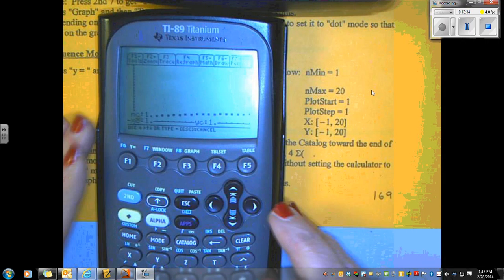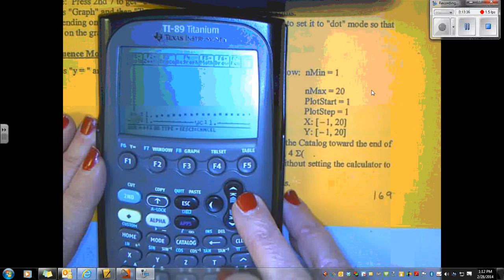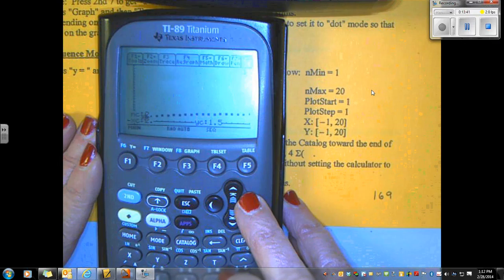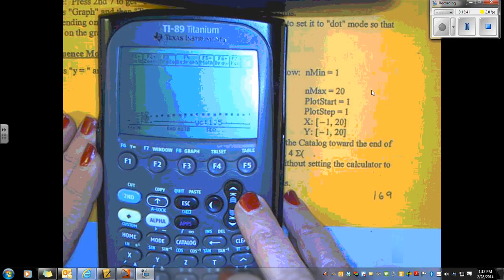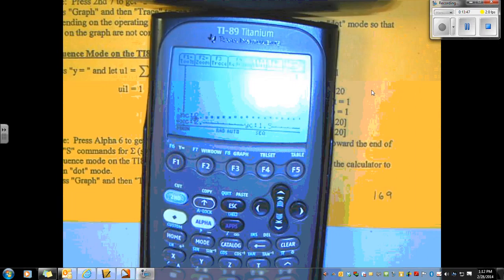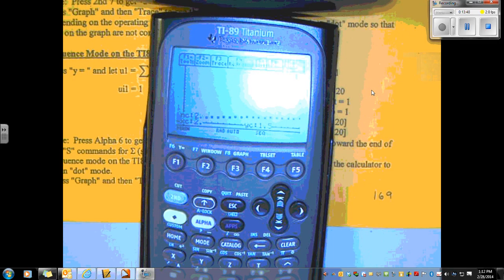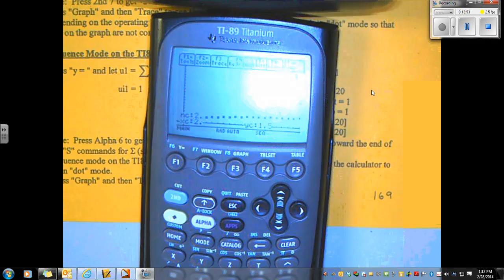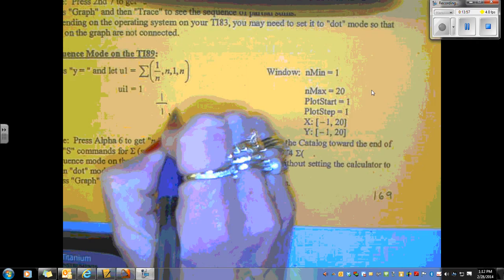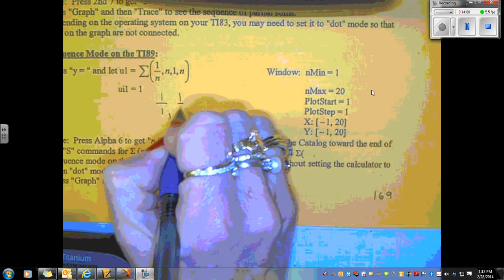What is yours like? Think about what this is doing. If you put 1 in, you get 1 over 1. I put in 2, I get 1 over 2.